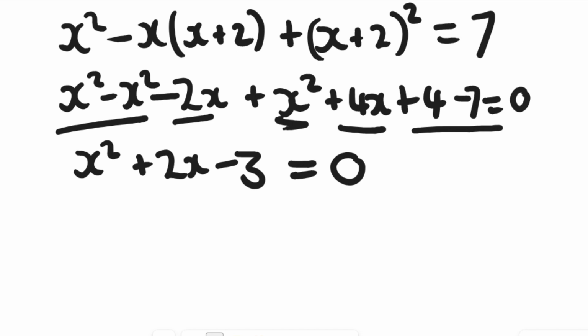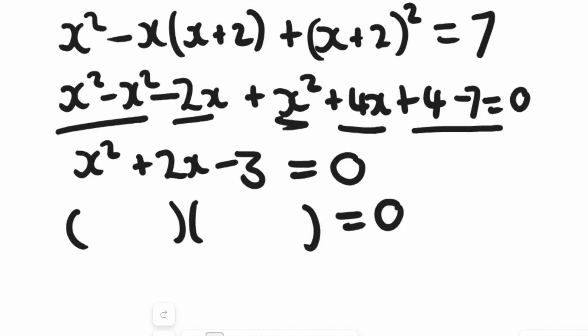Now we are looking for the factors of 3. When we subtract them, we get 2. Those are only 3 and 1. 3 and 1 are factors of 3, and when you subtract them, you will get 2. So we open the two brackets, we equate to 0. We have x and x to get that first x squared. We have 3 and 1 to get this 3, but we have positive 3 minus 1.